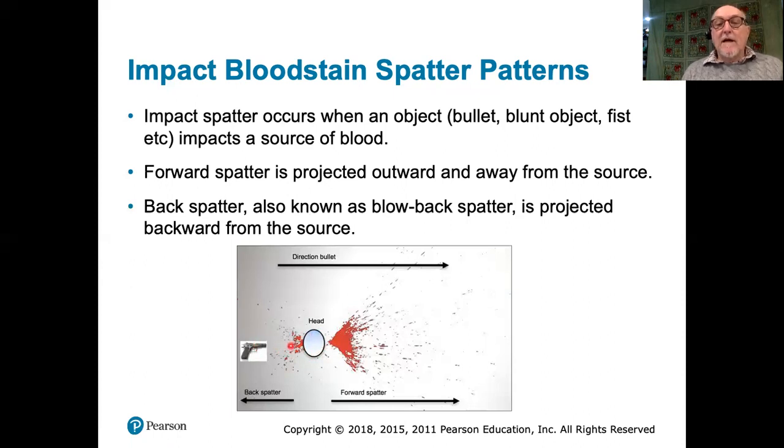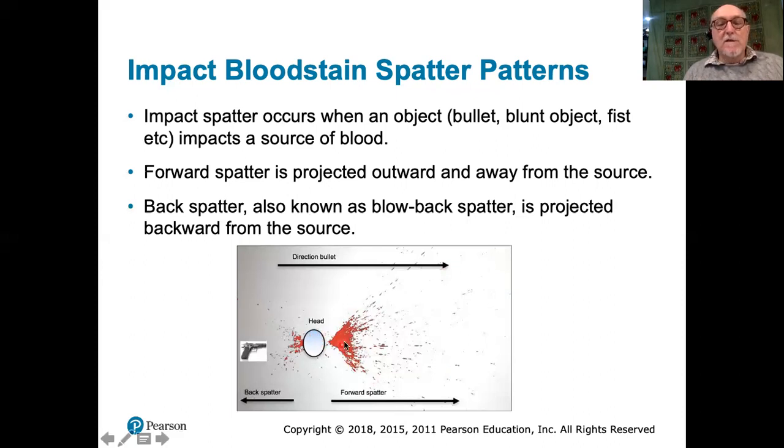Here's the gunshot. The gunshot passes through the head. As it leaves the head, it produces characteristic spatter. We would see the tails all pointing that direction, right? Around here. And we would be able to go back here, even if the victim had fallen away from the wall, and say the victim was somewhere in this region, because all of the spatter points back. But you have to be careful, because this is forward spatter.